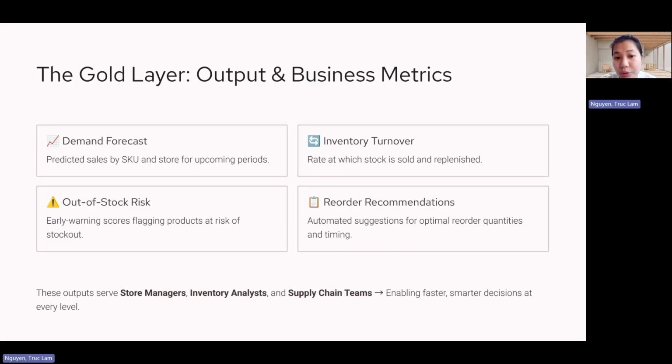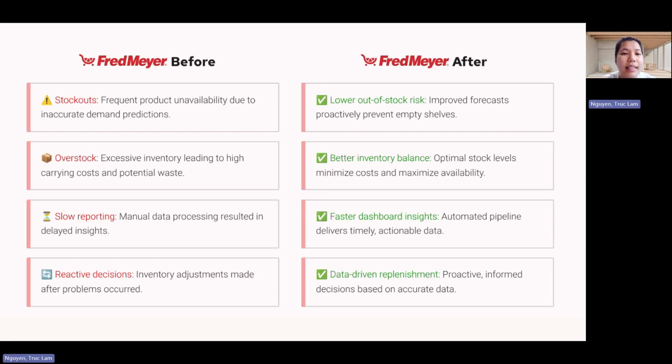And the outputs could then feed a Power BI or Tableau dashboard for store managers, the supply chain team, and inventory analysts. So we can see the business value of this pipeline is better inventory decision making.